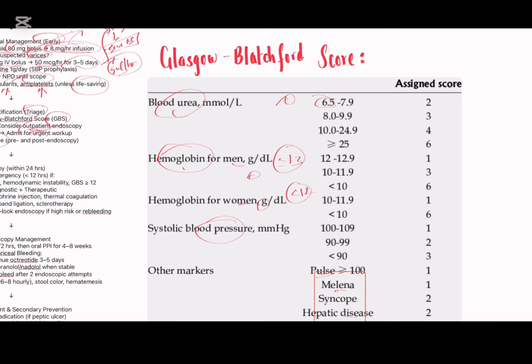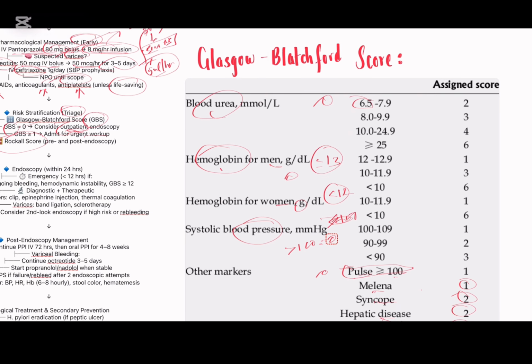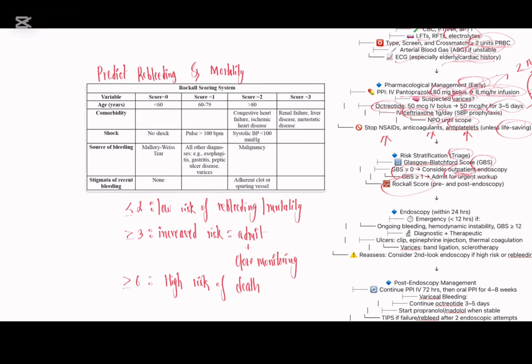If the systolic BP is more than 100, then it's 0. Other markers: if the pulse is less than 100, it's 0; more than 100, 1. Melena if present, 1. Syncope if present, 2. Hepatic disease, 2. Cardiac failure, 2.